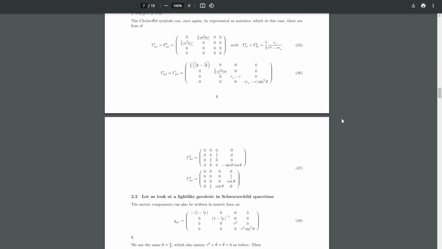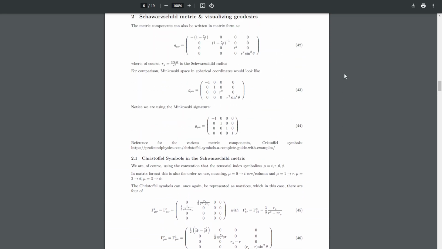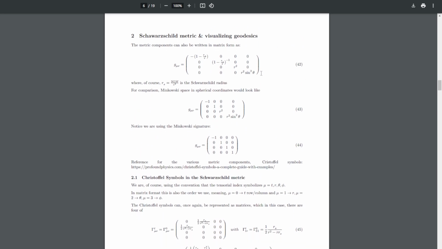As you can notice, we don't have any dependency of our metric on the coordinate phi. That means that this is related to an invariance of the particle trajectory, essentially.